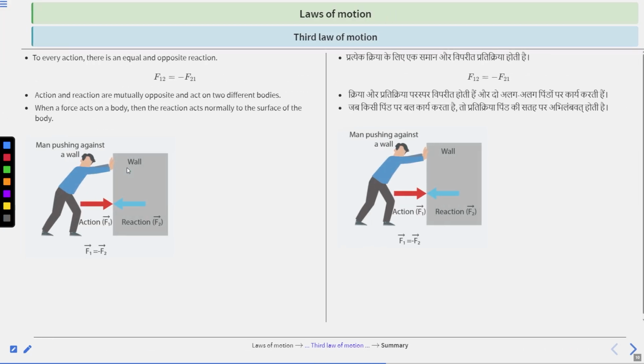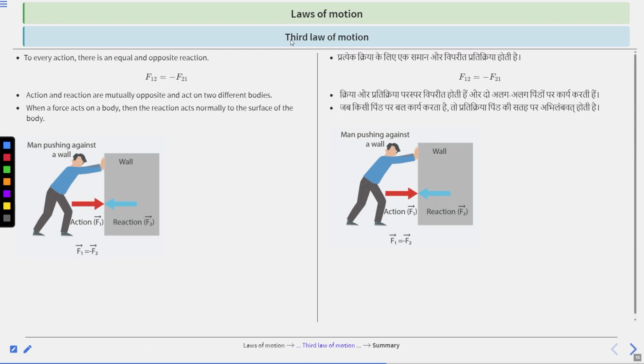Next is the third law of motion, or Newton's third law of motion. According to the definition, to every action there is an equal and opposite reaction, which means if the force acted is F12, the reaction is minus F21.